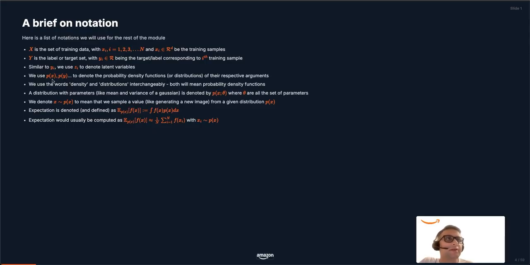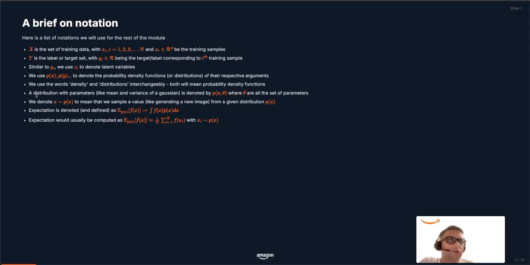The way they get distinguished is by the argument. So p of x is a distribution over x, p of y is a distribution over y. Although I use the words density and distributions interchangeably, they will always mean probability density functions. Okay, so we will make this assumption that for our data, the probability density functions exist, and we will proceed accordingly.